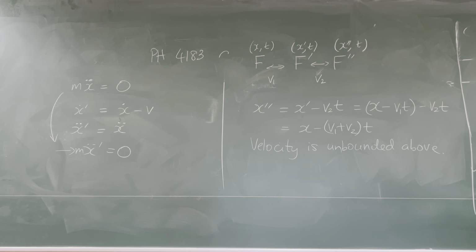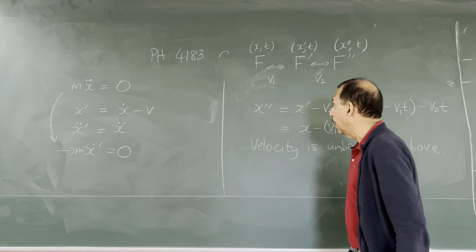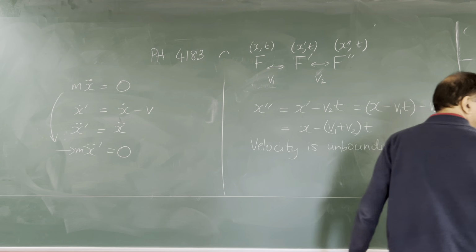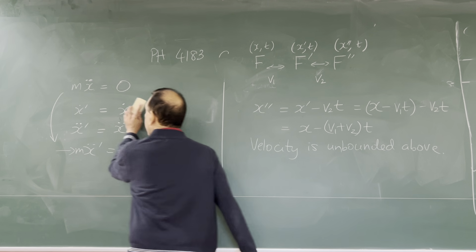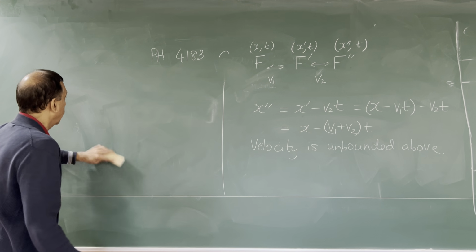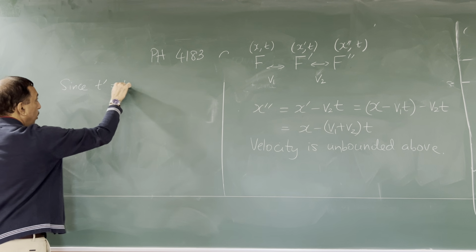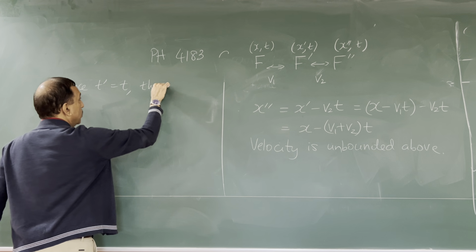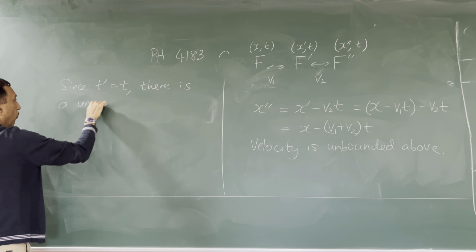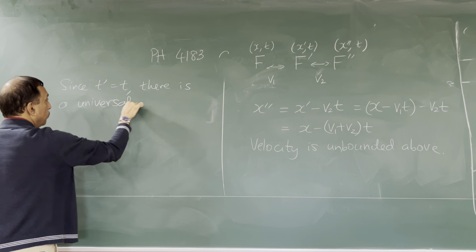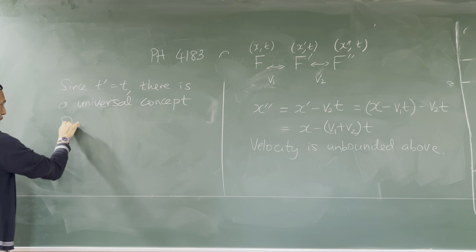And the last observation, which was considered obvious until Einstein really unraveled it, is that since t prime equals t, there is a universal concept of what it means that two things are simultaneous.